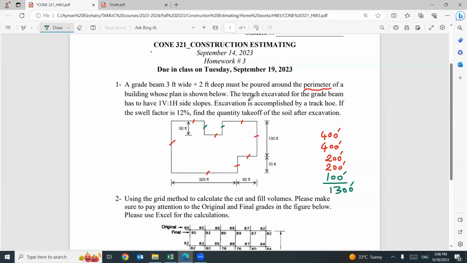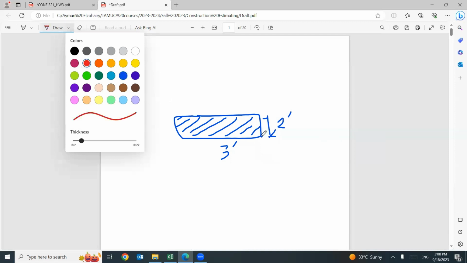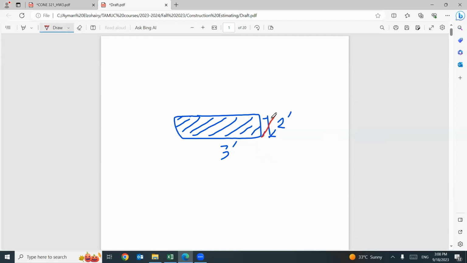feet. The trench excavated for the grade beam to be constructed, we need to do excavation with 1-to-1 side slopes. That means I will do excavation here, different color, with side slope 1-to-1.